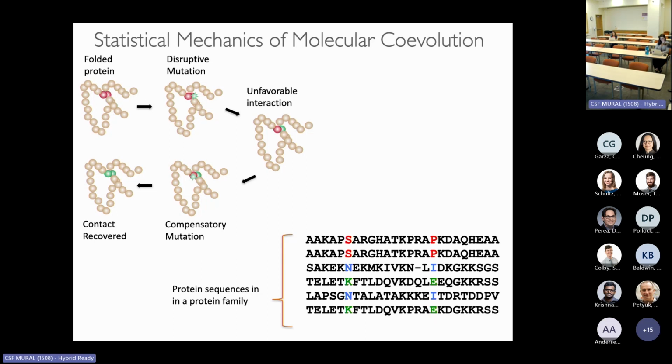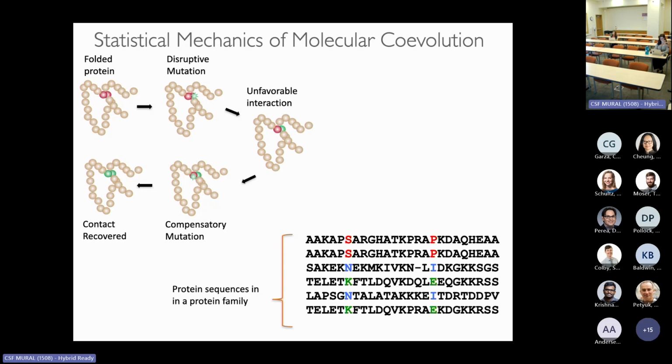That's the power of evolution through variation. So assuming that there's already one protein that's folded and functional, and somehow there's a disruptive mutation or a neutral mutation that tips the balance of stability or functional behavior of this protein.